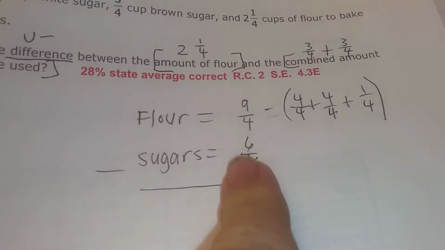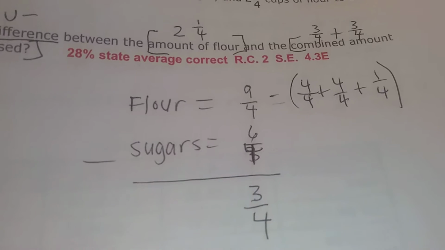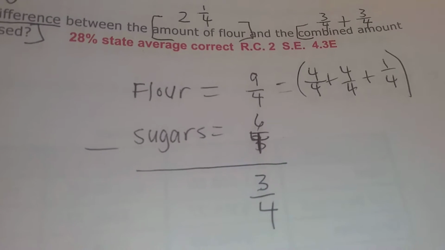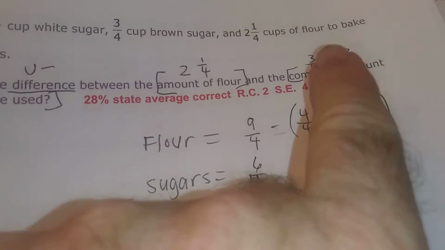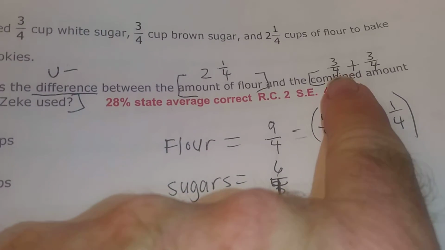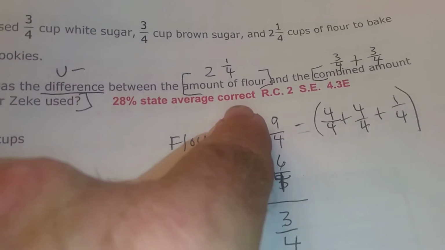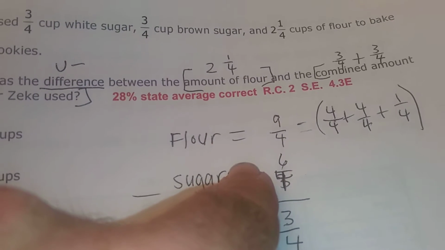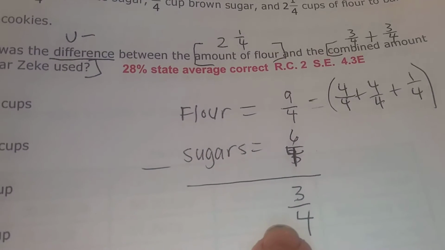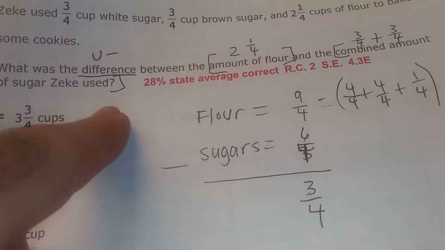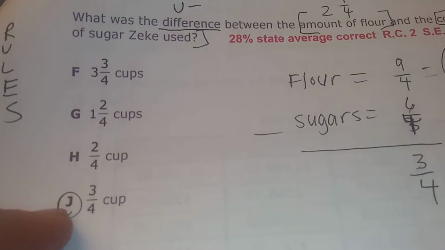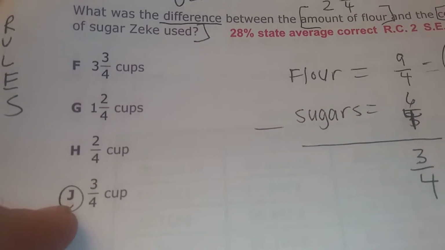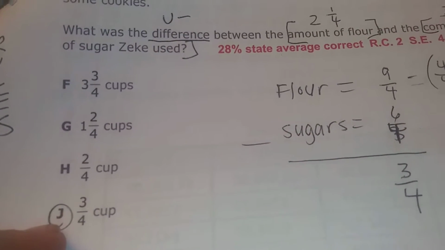If you try to work with common denominators, it's easier to teach kids subtraction. Then they'll subtract the combined sugar amounts, the 6/4. If you have 9/4 and you take away 6/4, you have 3/4 of a cup remaining, and the only answer that would be correct would be 3/4.